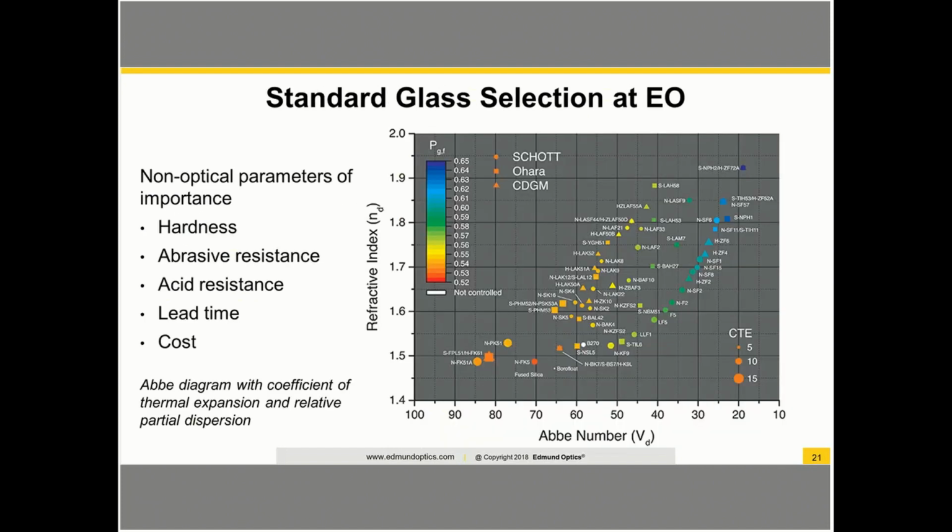Let's start with materials. Hardness is the first parameter that comes to mind. The harder the material is, the more difficult it is for us to process it, therefore the cost goes up. Same goes for abrasive resistance. On top of that, both grinding and polishing are not purely mechanical processes, they're also chemical ones.